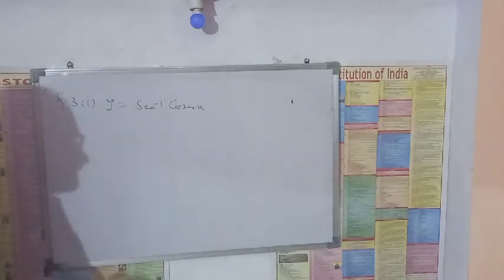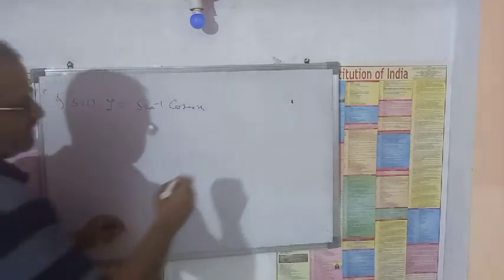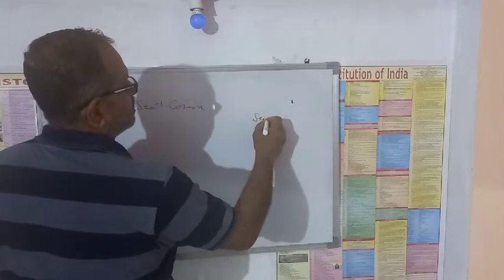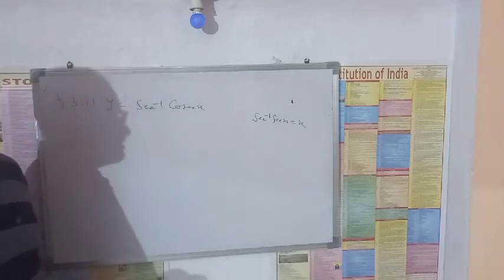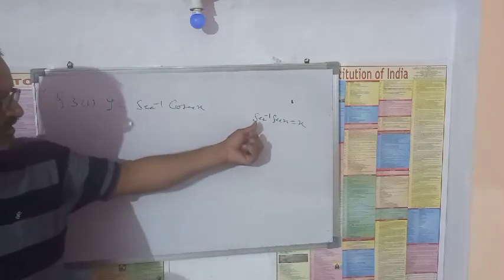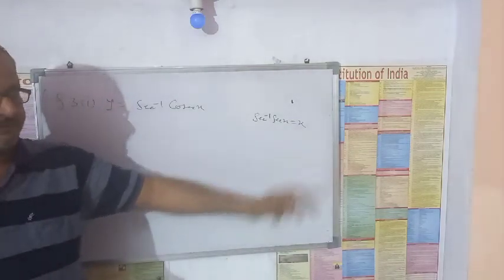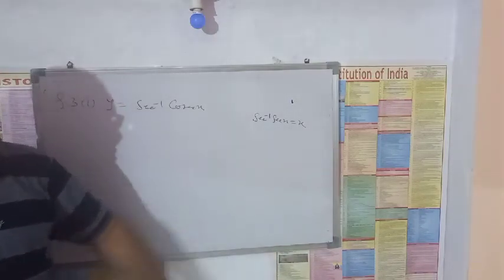We have to differentiate it. We know that sec inverse sec x is equal to x. In the property we have studied sec inverse sec x is equal to x, where mod of x is greater than or equal to 1.